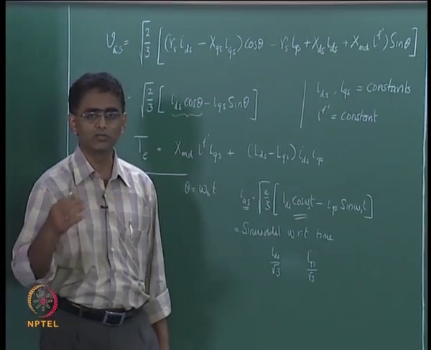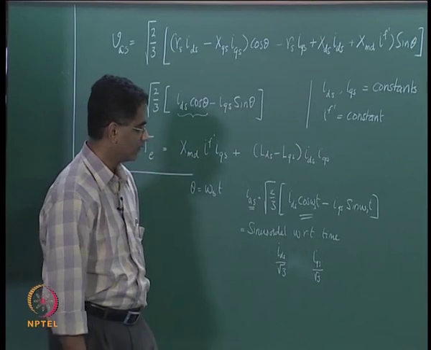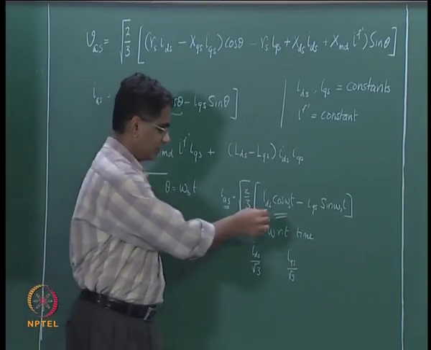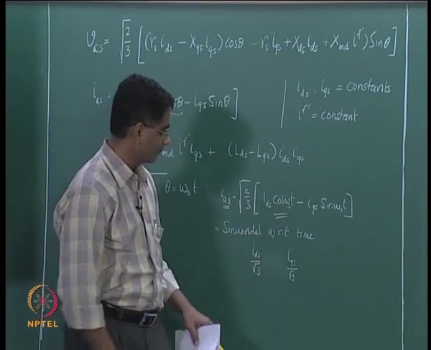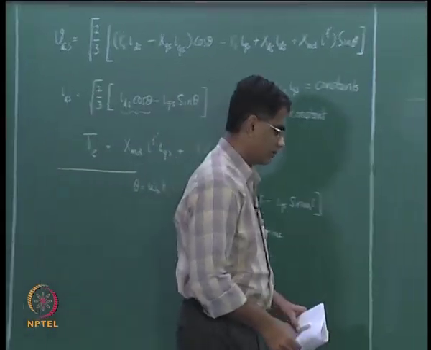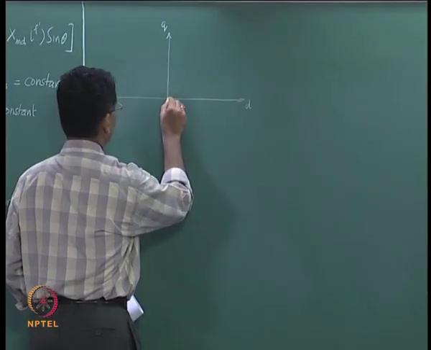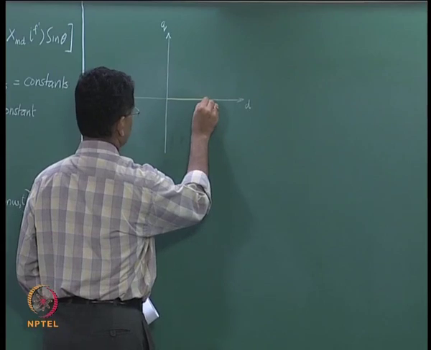Since it is just cos omega t, it can be represented as a phasor lying along the d axis.